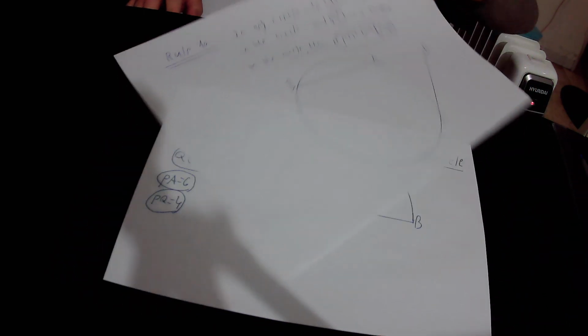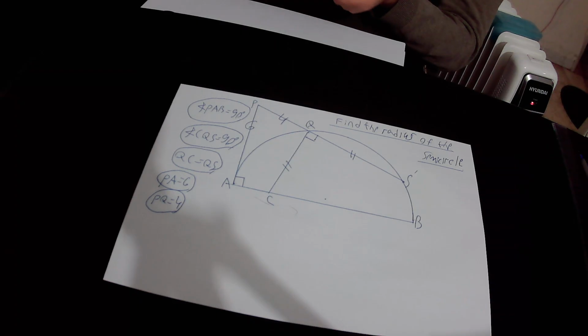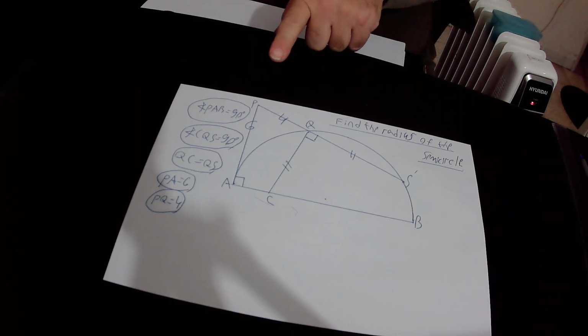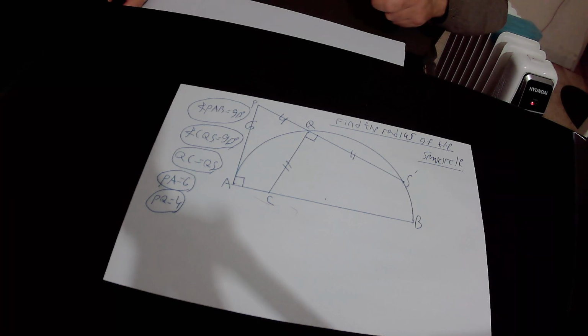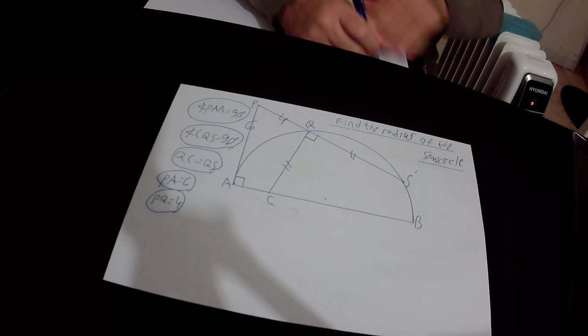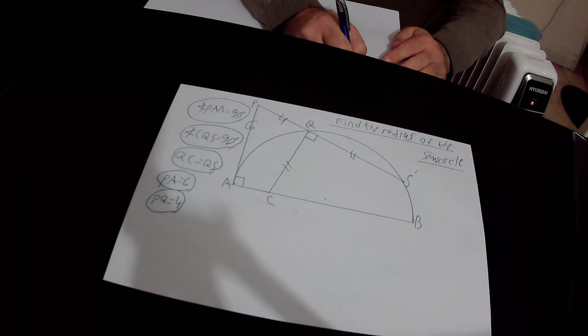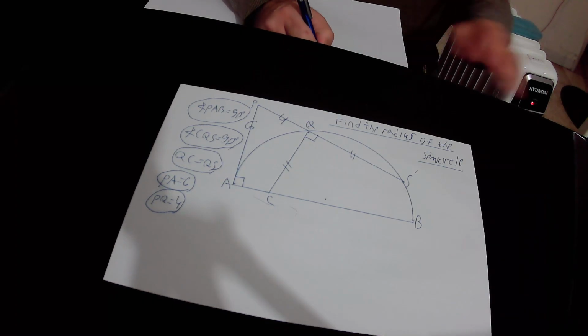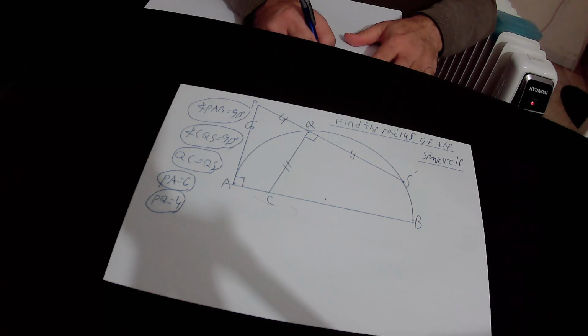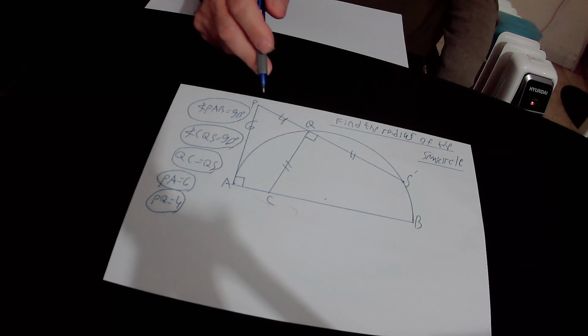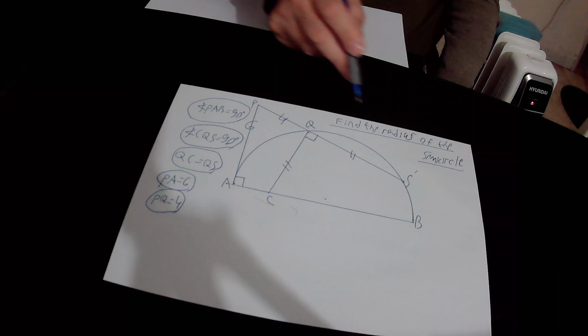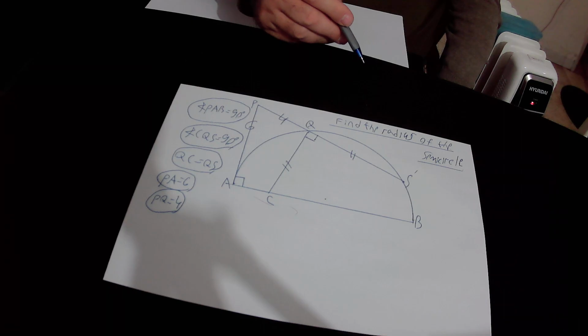Why? Because in our drawing, we focus at point P. According to rule number 10, we know that PA is tangent to the circle at point A, and line segment PS cuts the circle at points Q and S. Therefore, we can implement here rule number 10.